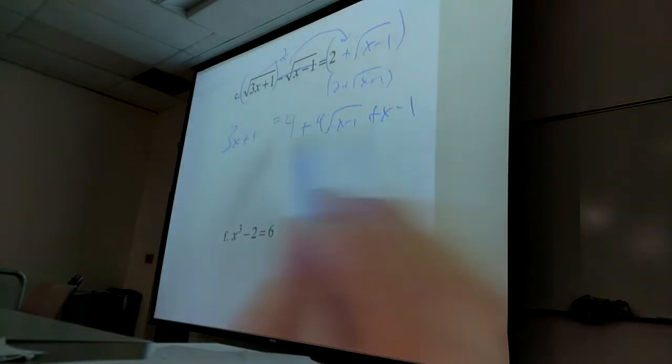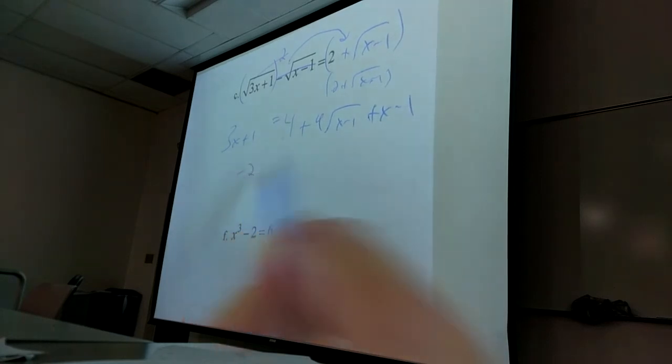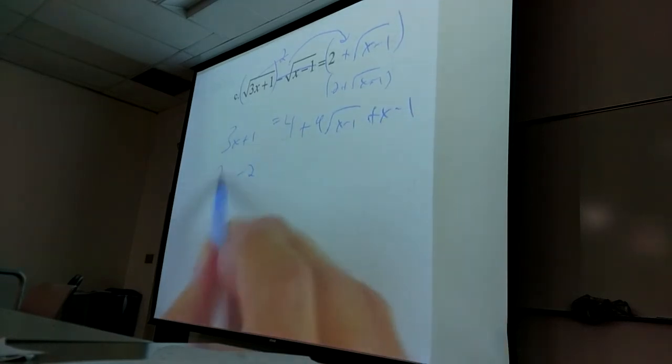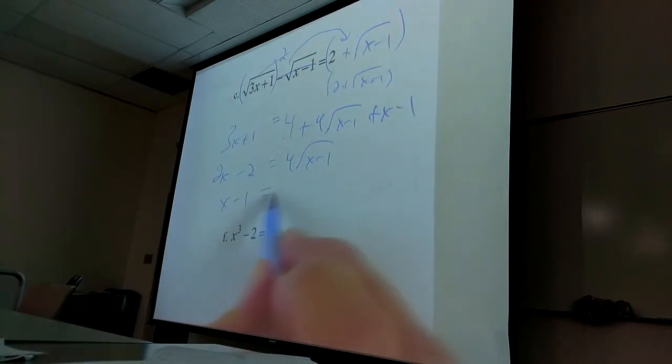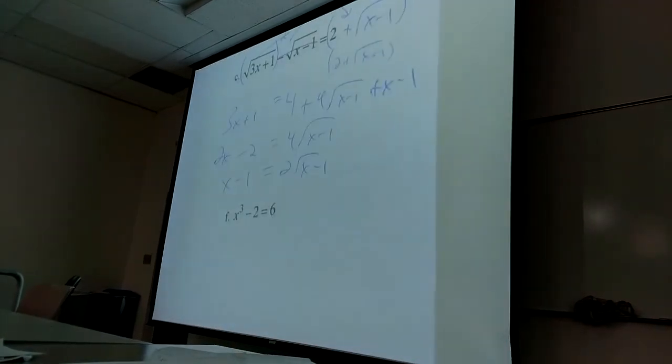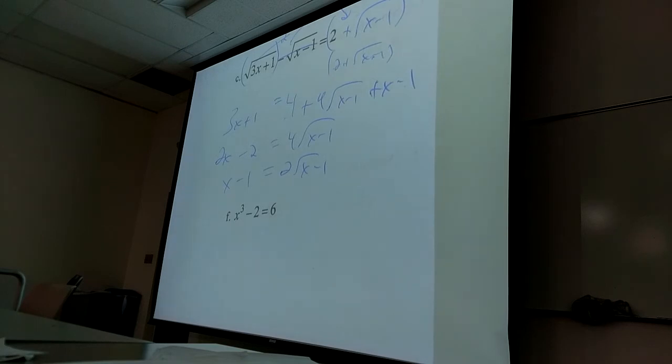So 4 minus 1 is 3, subtract 3, you get negative 2. Subtract x, you get 2x. I divided by 2. I didn't divide by 4 because I didn't want fractions. And I'm the human here. I can control when fractions show up most of the time.